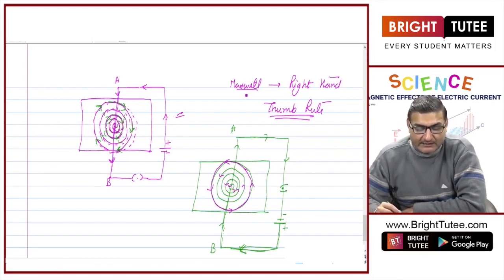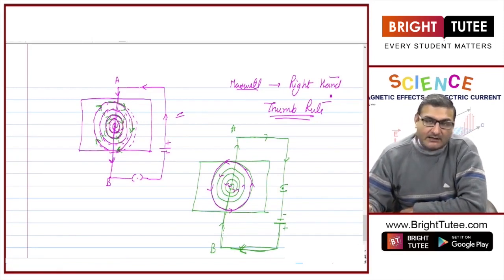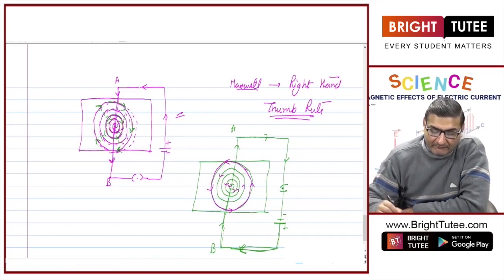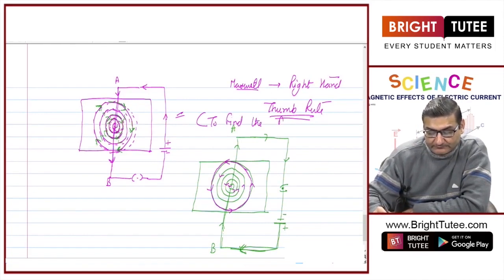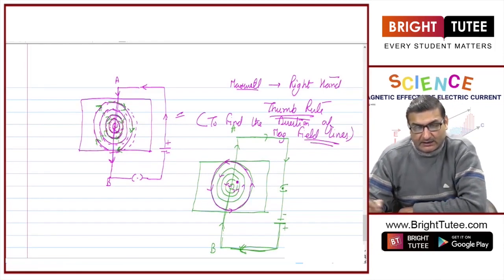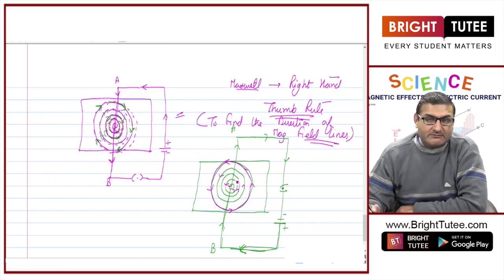This is Maxwell's right hand thumb rule. And where have we used this rule? We have used it to find the direction of magnetic field lines in the case of a straight current carrying wire or a straight current carrying conductor.